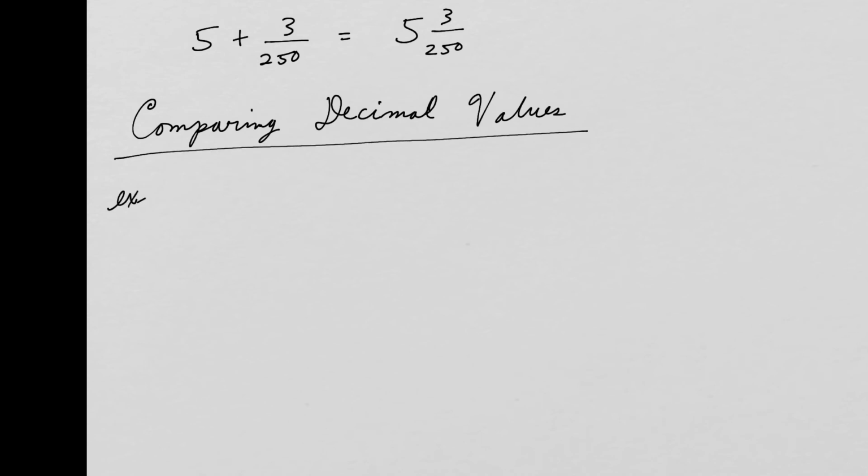So, for example, how do I figure out which is larger? Let's say I have 0.731 or 0.74. By the way, you can always write a 0 in front, right? So if I just want to write 0.731, it's just cleaner to write 0.731. It means exactly the same thing.